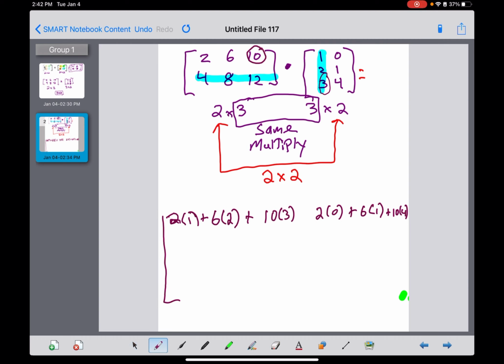So this is going to be 4 times 1, plus, what times what? 8 times 2. Second one. What's the last one? 12 and 3. Do I have any more to do with that one? Nope. Now I'm going to move this over here.